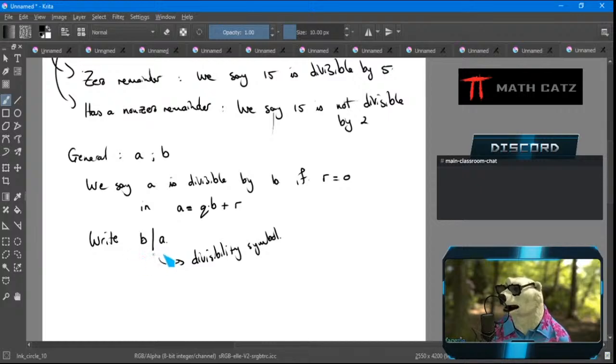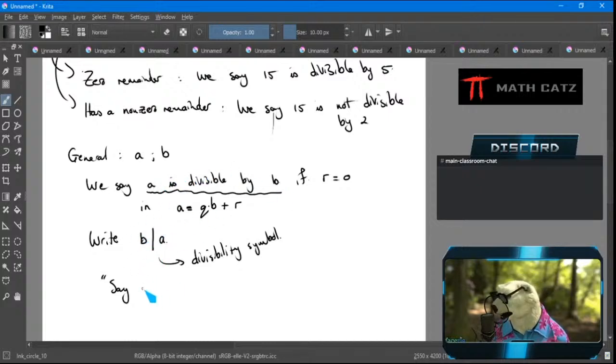In this mathematical sentence. And because of that, I like to casually read this to remind myself: small, and then the divisibility symbol, then the large number, even though in the sentence A is divisible by B, the large number comes first, and then the small one. It's flipped around.